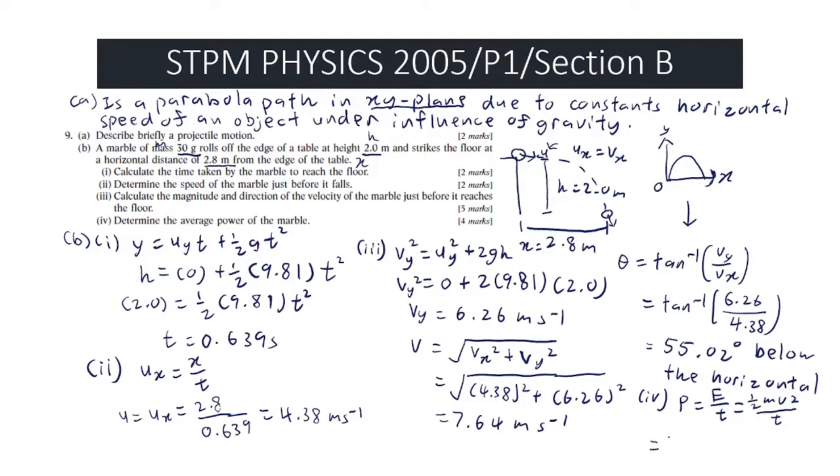Now we can just substitute the values, which is 30 times 10 to the negative 3, and v is 7.62 squared, and t is from this B1, 0.639.